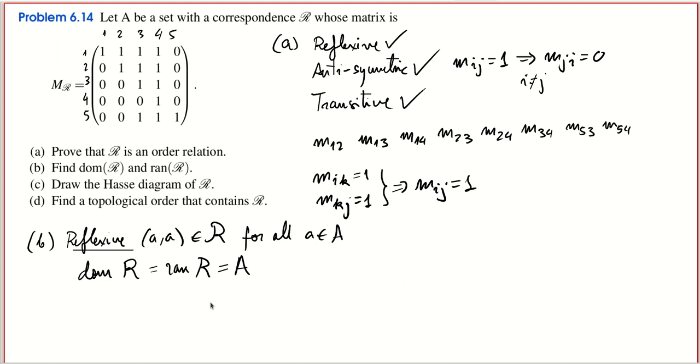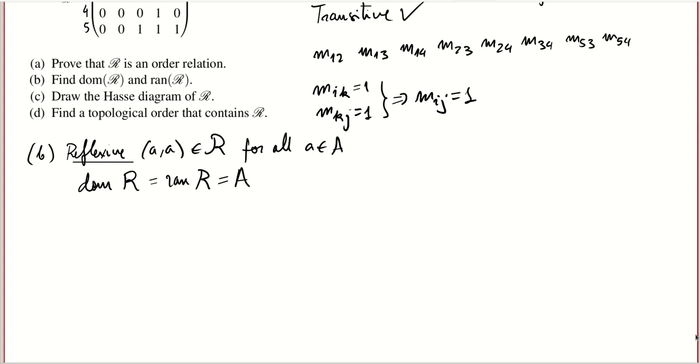Okay. Then we need to find a Hasse diagram. For a Hasse diagram, we take the set 1, 2, 3, 4, and 5, and look for elements which have no smaller element than them. That means that if we look at these ones that mark the relations between different elements, we have to look for those which do not appear in the right position.